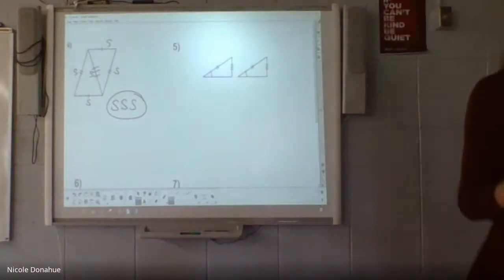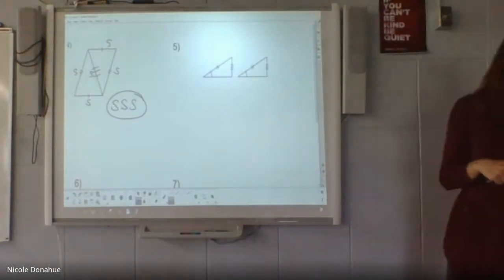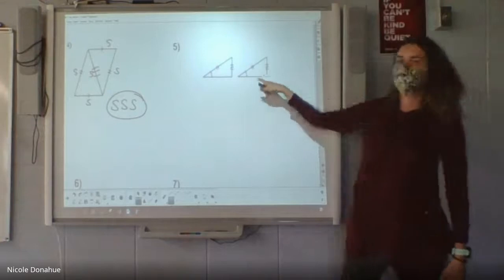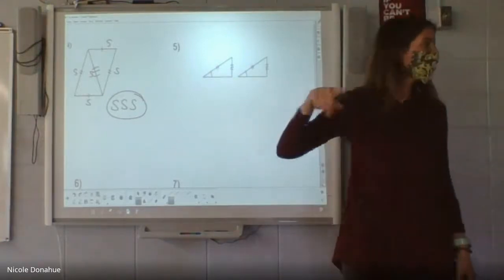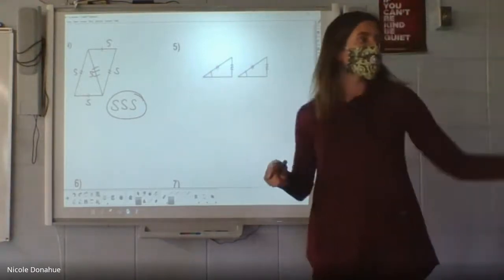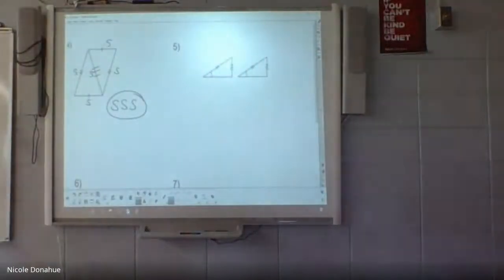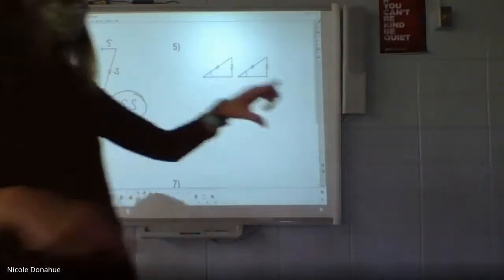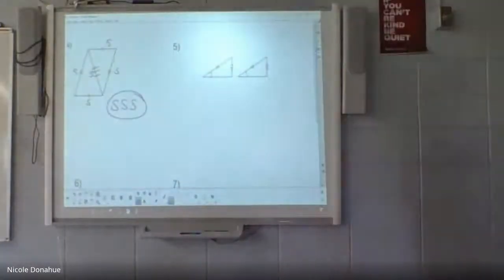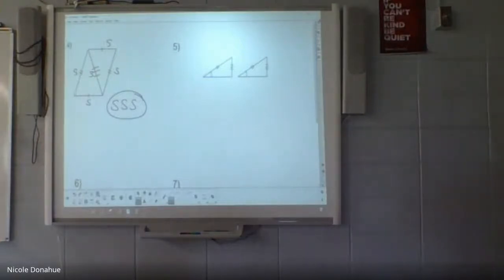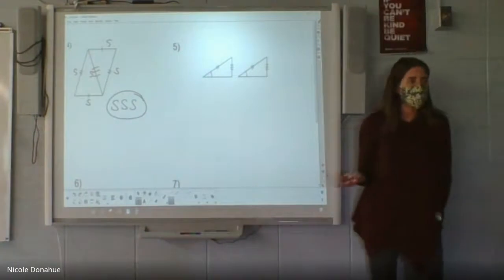All right. How about 5? My one class would call this a donkey problem. No one in this class tried to use hypotenuse leg.